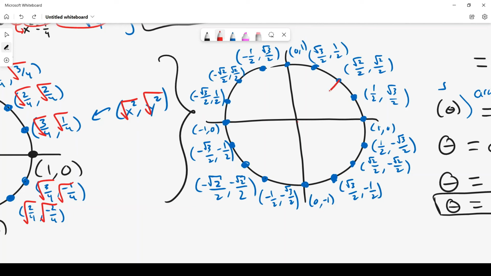If you really want, you can break each of these 90-degree pieces by halves.